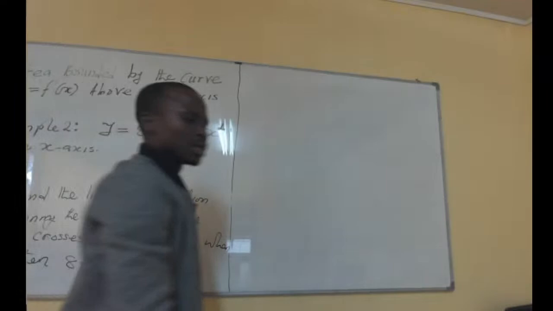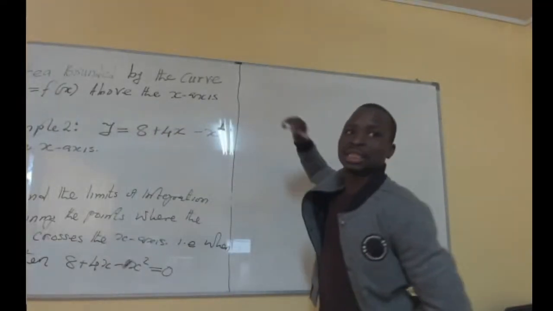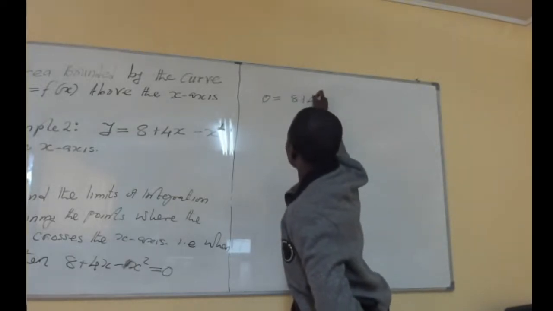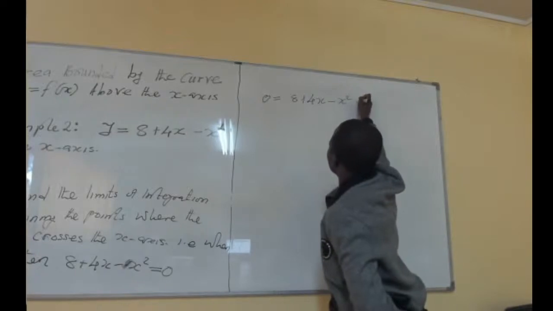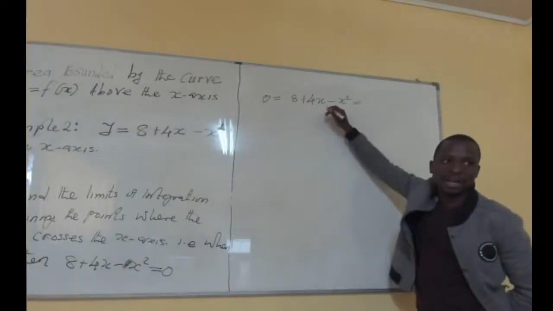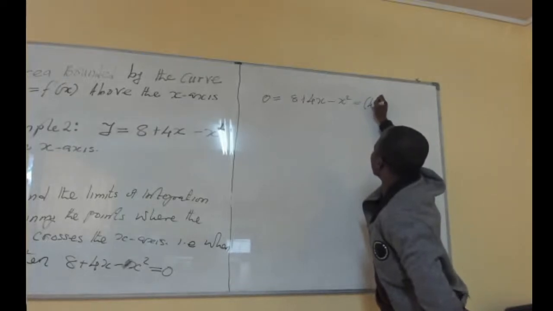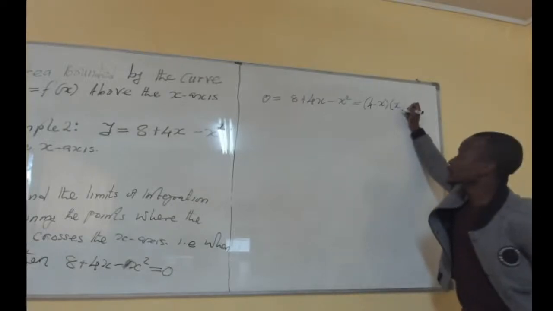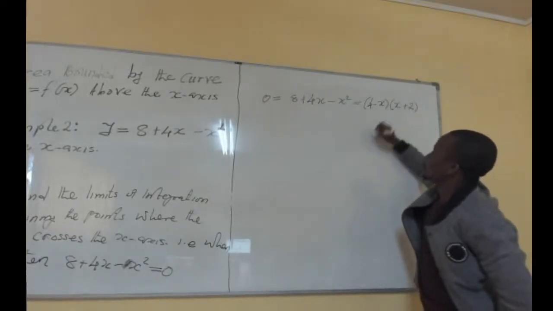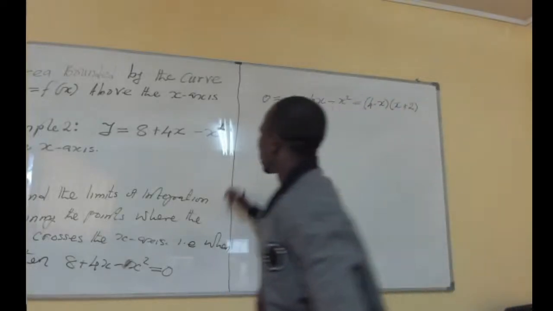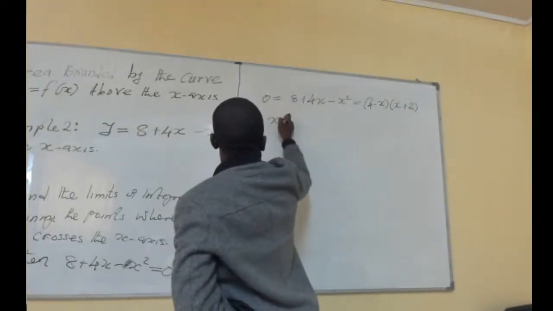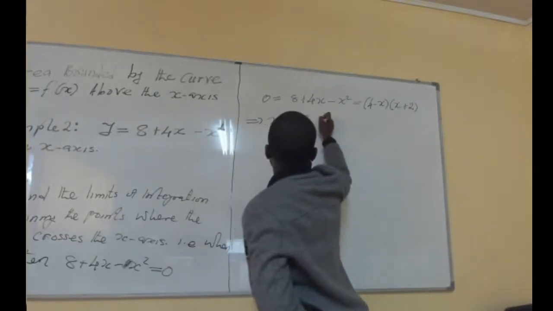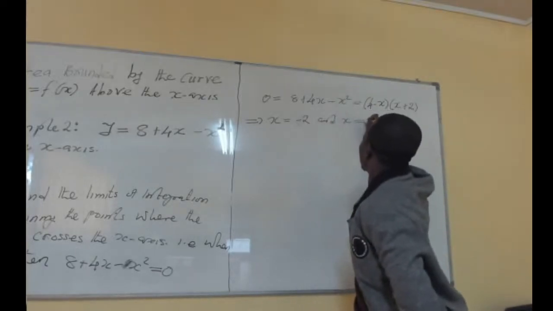When you factorize this, you get (4 minus x)(x plus 2) equal to 0, which implies x is equal to 4 and x is equal to negative 2.